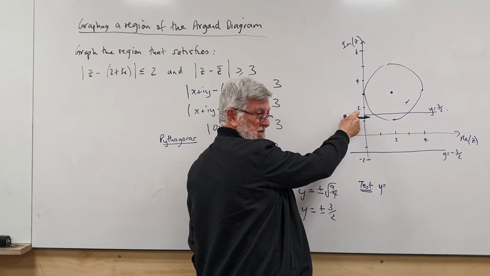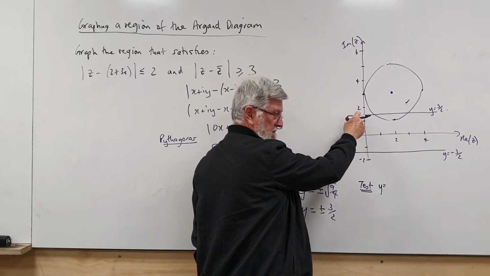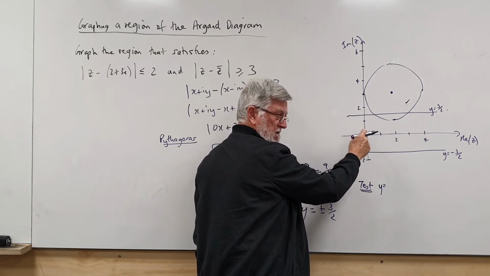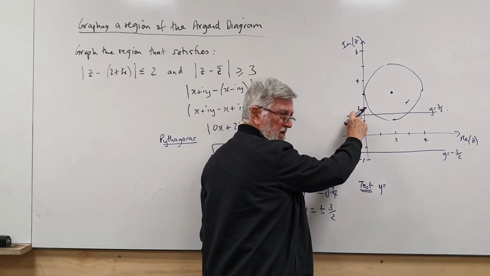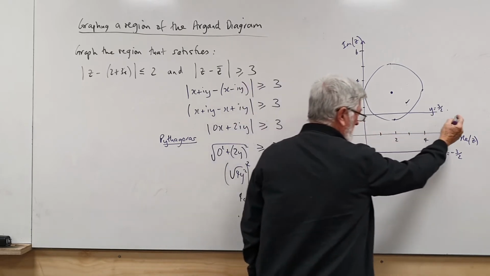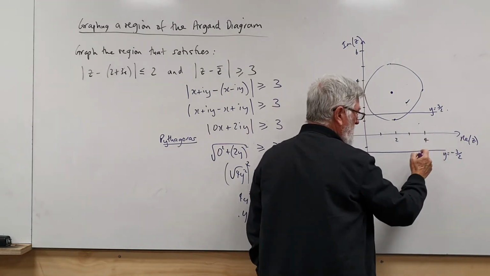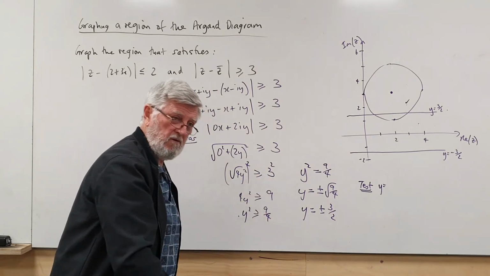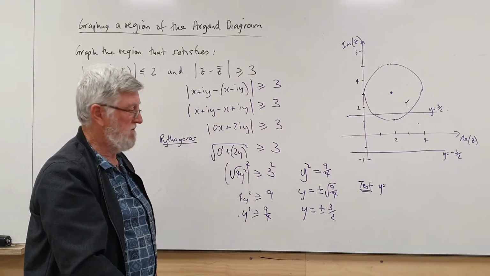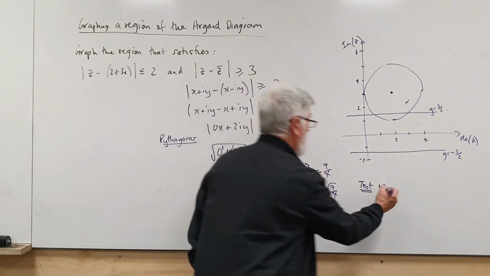You could test 1. You could test 0. You could test minus 1. You could test 1 and 1.4. You can test any number in here, because if one number in here is true, all of them are true. If one number in there isn't true, none of them are true. Let's test y equals 0.